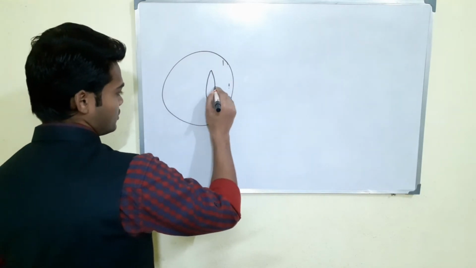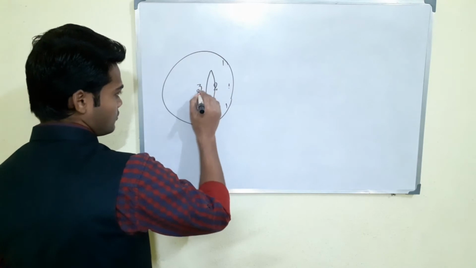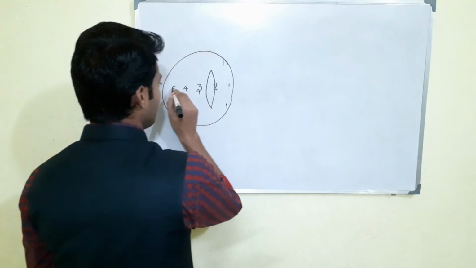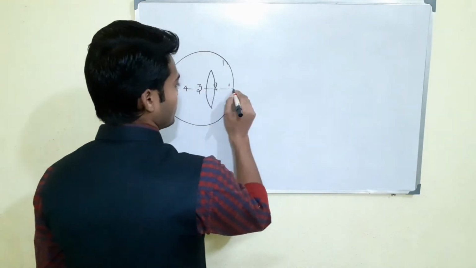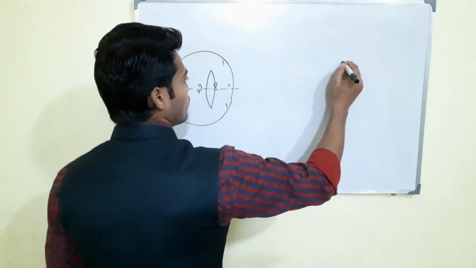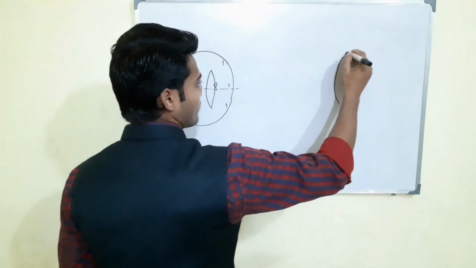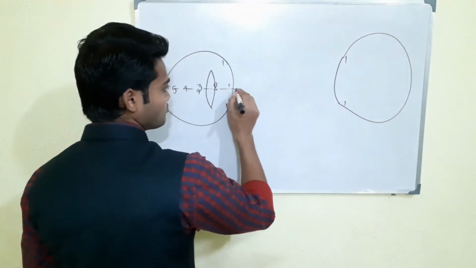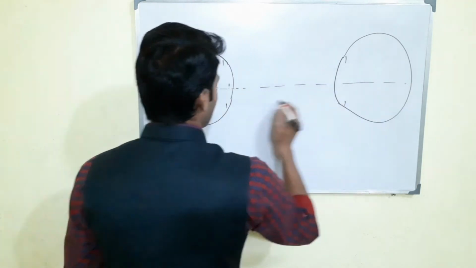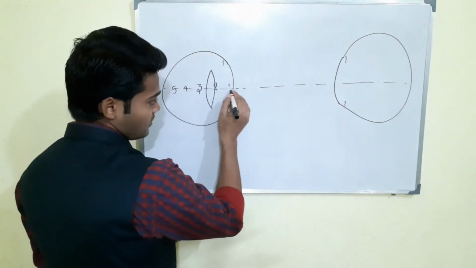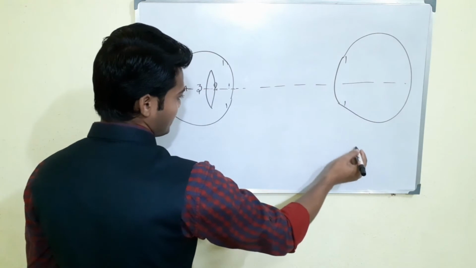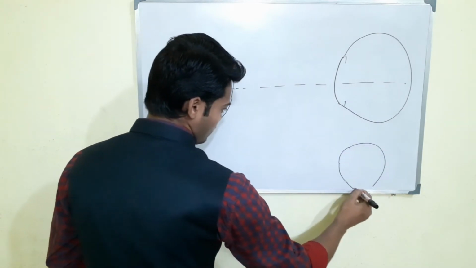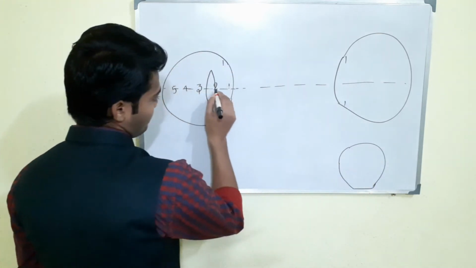This is the pupillary alignment or pupillary line. Now the observer is here. By the parallax principle, the observer simply shifts to this point to observe the ocular media.